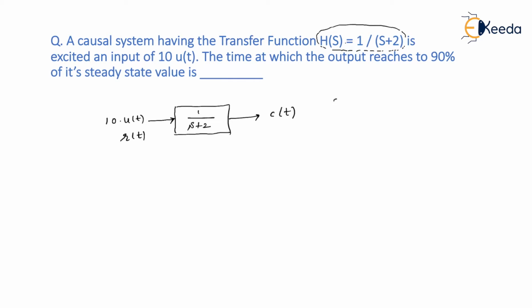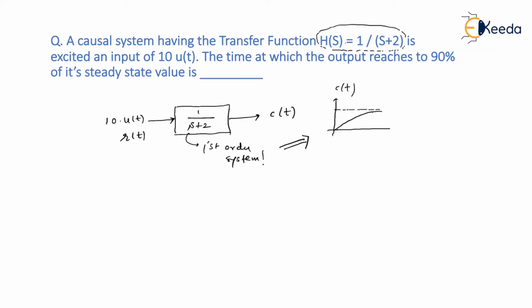Some reference input is given to you, and then the system goes this way. That is nothing but the output response we have already seen for a first order system. Please don't forget this is a first order system. We have already studied this. This is the way we get the response.